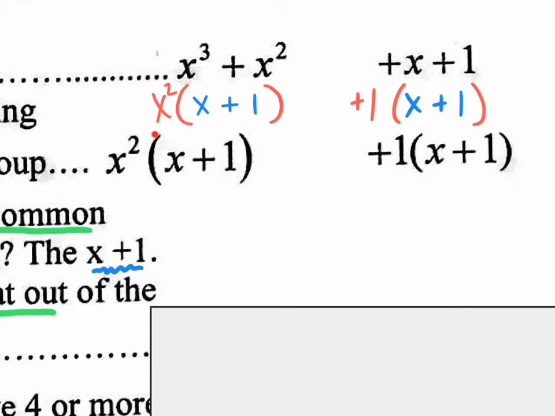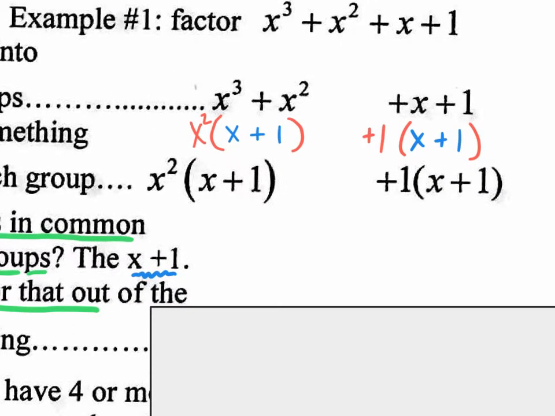But I'm going to take a look at this first group where I already pulled out an x squared, and the second group where I pulled out a 1, and I'm going to take a step back and look at the first group and realize that there's an x plus 1 right here, and there's the same exact binomial x plus 1 right there. So what I'm going to do is pull out the x plus 1. Check this out. I'm going to put some exaggerated parentheses right here, and out here on the side, I'm going to pull out the x plus 1.